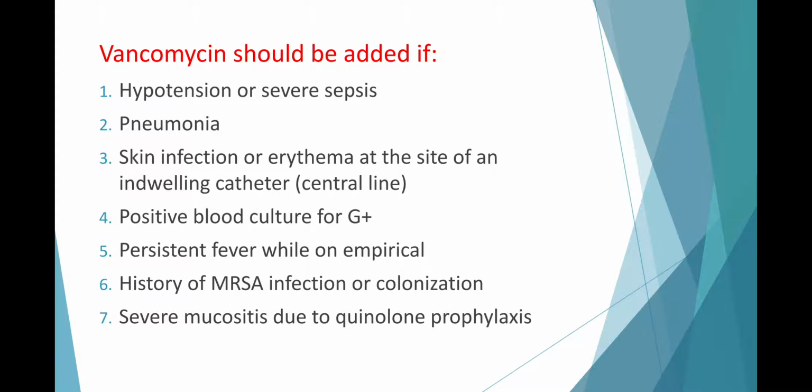Hypotension or severe sepsis; pneumonia, because there may be infection with methicillin-resistant Staphylococcus aureus, abbreviated as MRSA; MRSA skin infection, or erythema at the site of an indwelling catheter, central line; positive blood culture for gram-positive organisms; persistent fever while on empirical antibiotics; history of MRSA infection or colonization; and severe mucositis due to quinolone prophylaxis. Quinolones are a group of antibiotics like ciprofloxacin or levofloxacin.